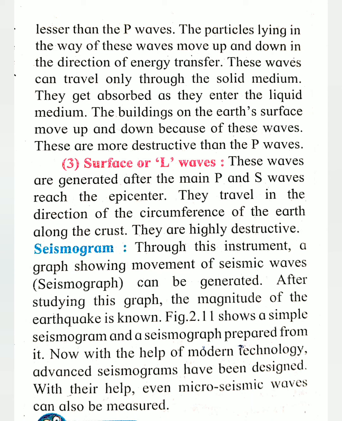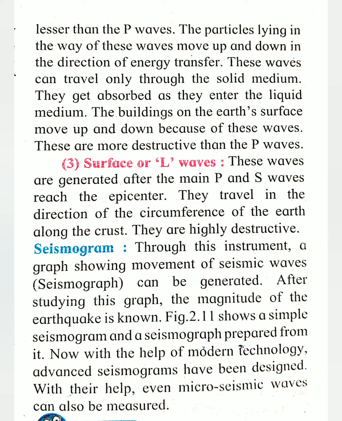They get absorbed as they enter a liquid medium. The buildings on the Earth's surface move up and down because of these waves. These are more destructive than the P waves. That means the primary waves are a little destructive, and secondary waves are more destructive than the primary waves.